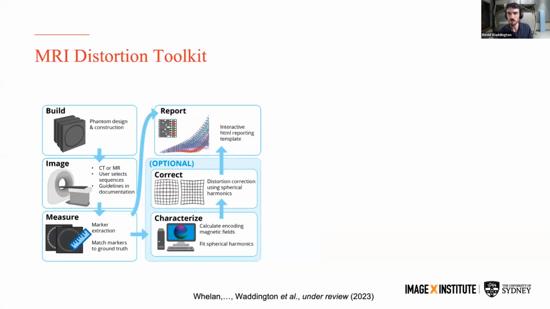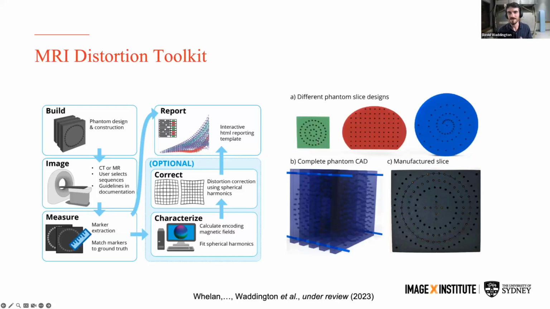So what does this distortion toolkit do? The first bit is that we really found that these distortion phantoms are typically very heavy, very expensive. So the first thing was to have a module that essentially allows you to construct your own distortion phantom quite inexpensively.